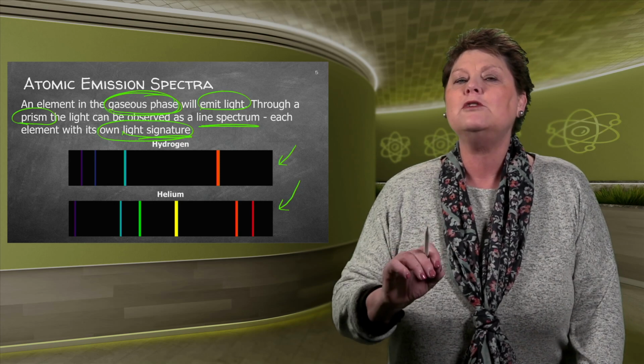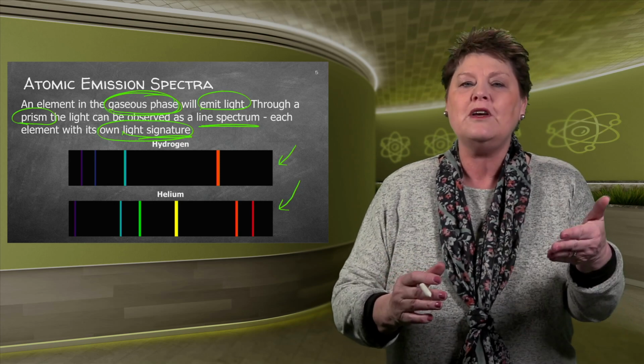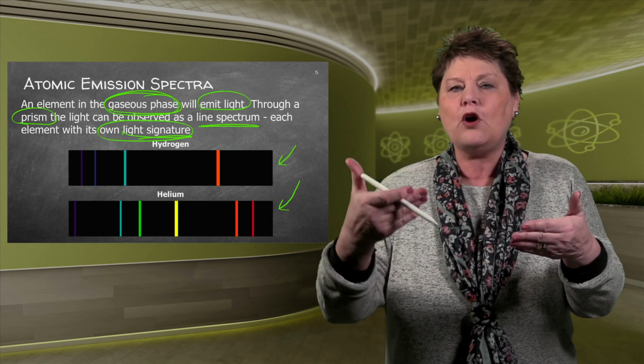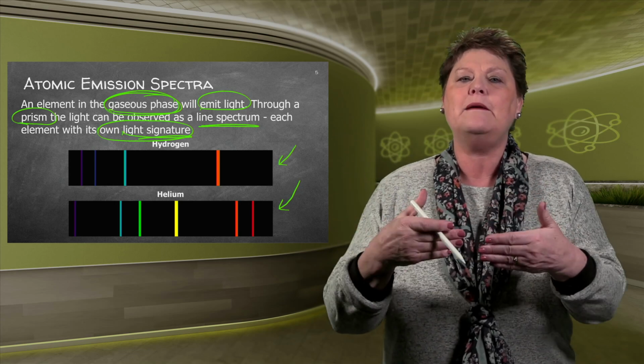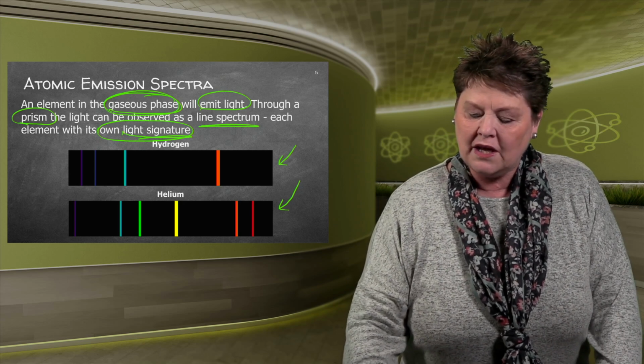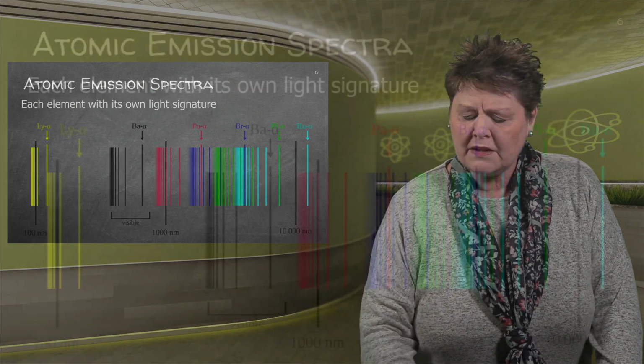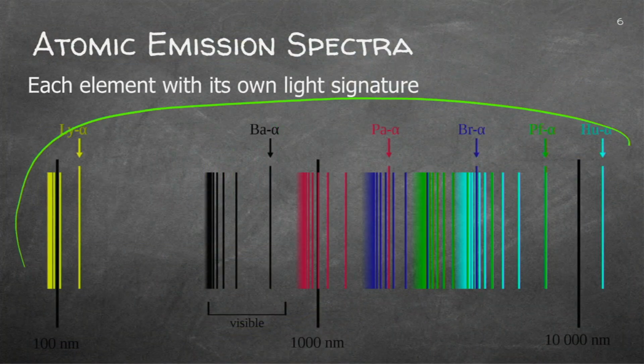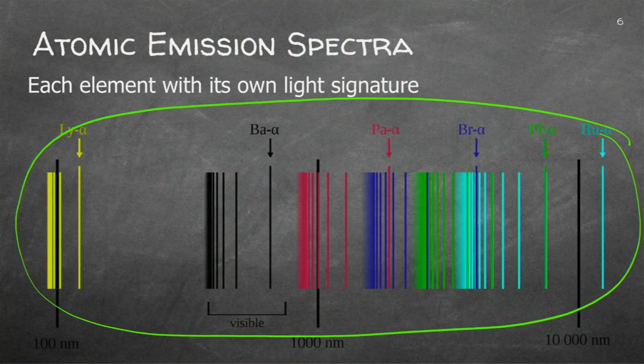If you know which signature you have, you can compare and see this is the element I have in front of me. So it's important we use this emission spectrum. This is, for instance, a kind of series that you'll get, and this is very complicated, but you will be able to identify with these colors which element is in front of me.